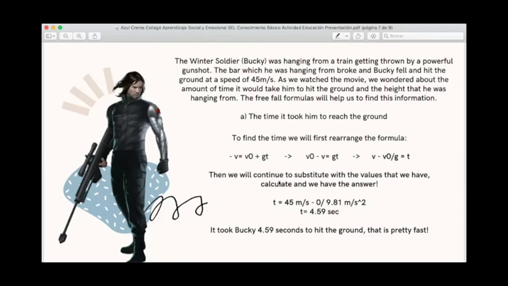Then we substitute with the values we have and calculate, and the answer is 4.59 seconds. It took 4.59 seconds to hit the ground. That's pretty fast.